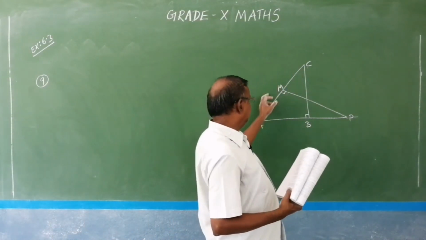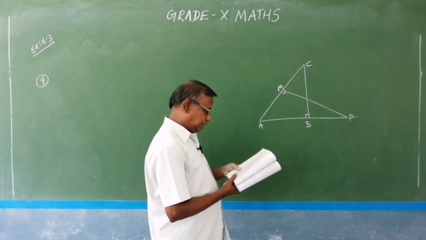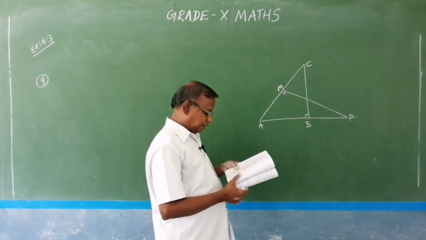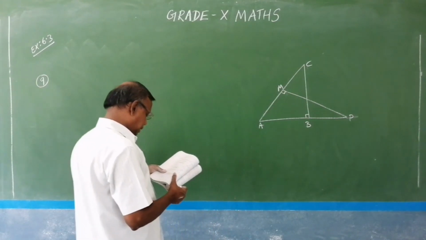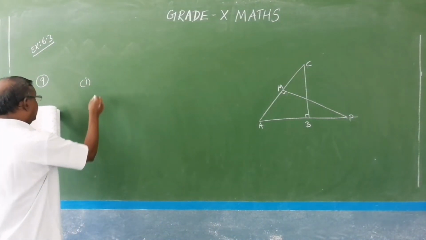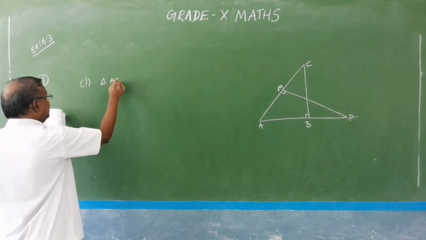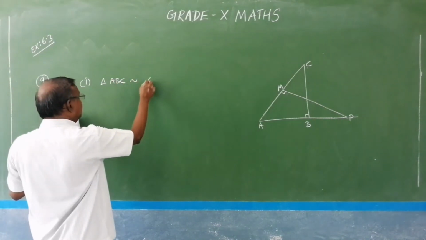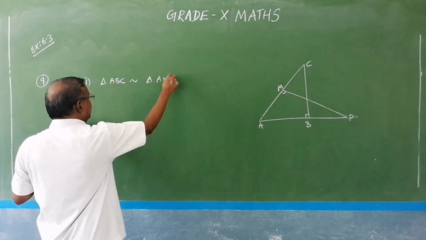ABC and AMP are two right triangles, right angled at B and M respectively. Prove that, first one, triangle ABC is similar to triangle AMP.